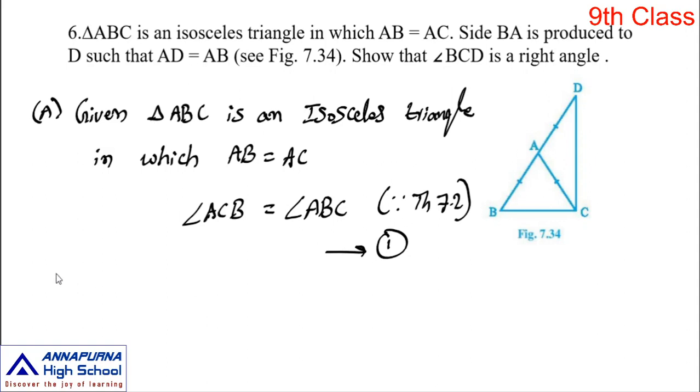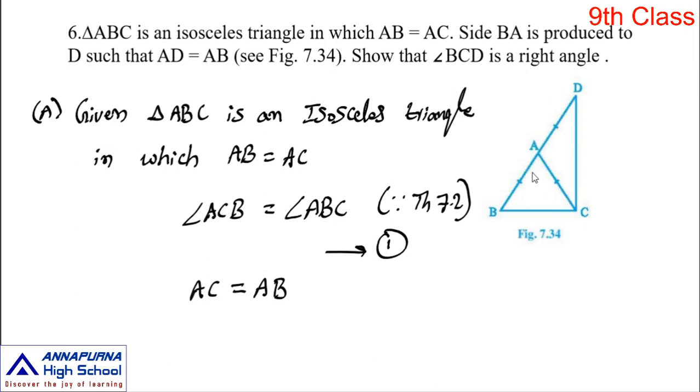See the figure. AB is equal to AC, so AC is equal to AB because ABC is an isosceles triangle.